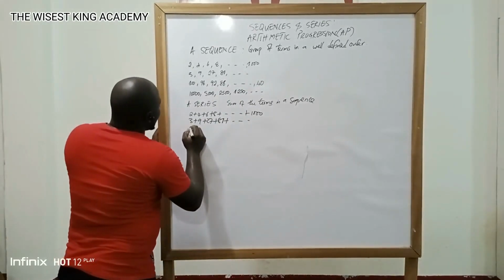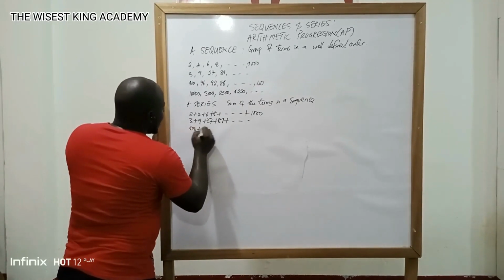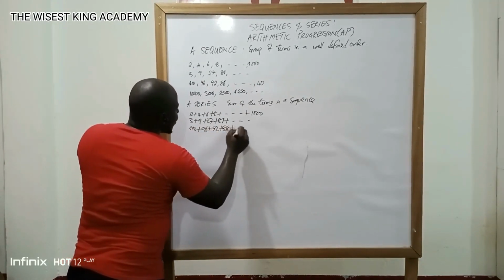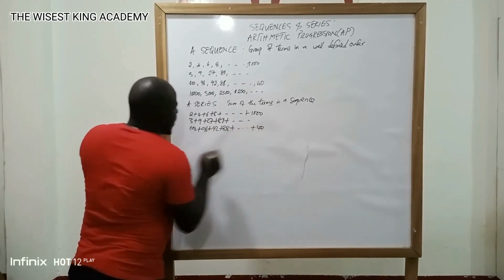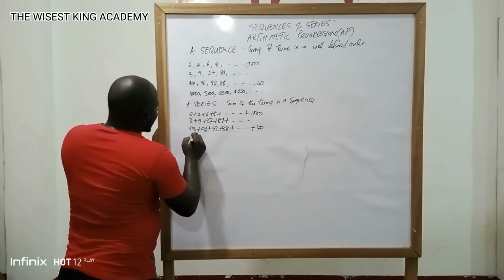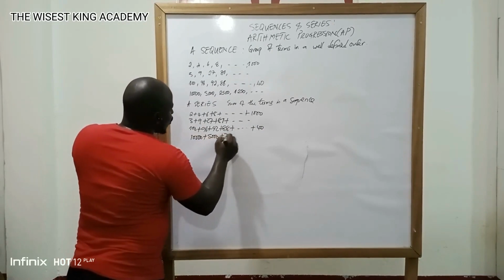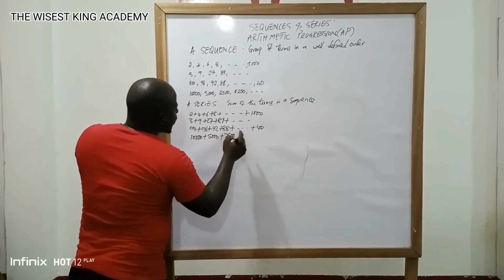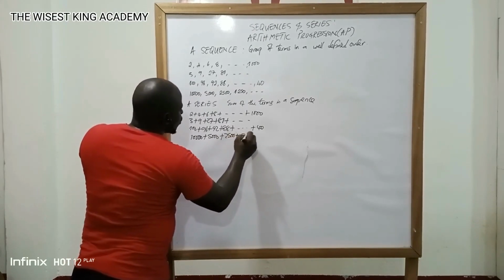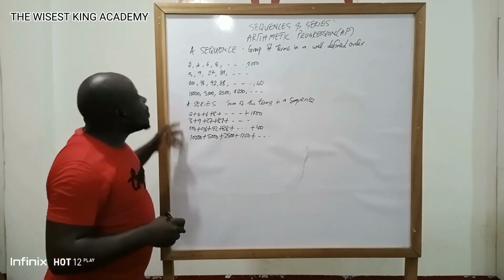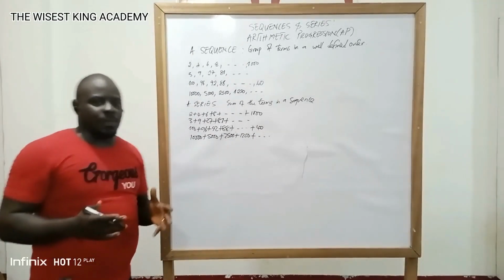We have 100 plus 96 plus 92 plus 88 plus and so on, plus 40. Likewise, 10,000 plus 5,000 plus 2,500 plus 1,250 plus. So these are the series of the sequences.